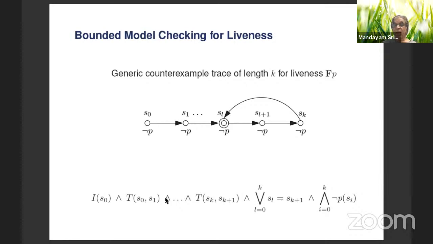Now, if you can find such a K wherein every state from S0 to SK has not P true and it is lassoed, which is checked in the last part, then you have found a counterexample of length K. And then you can use SAT to incrementally increase K to check if there are longer and longer counterexamples.